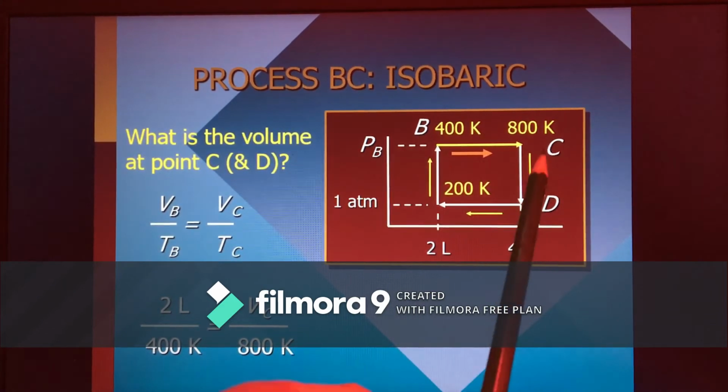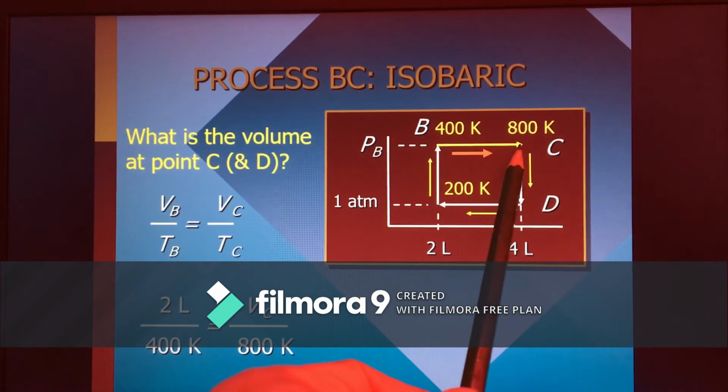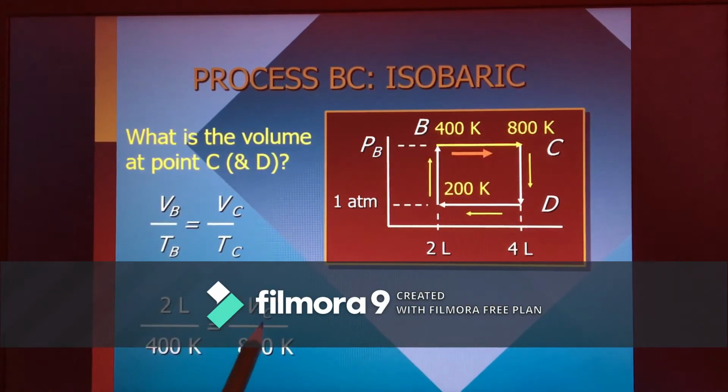We don't know the volume at VC, so we need to calculate that one. But we know the temperature at this point is 800 degrees Kelvin, so VC is divided by 800 degrees Kelvin. Now we have VC, which is what we are looking for.